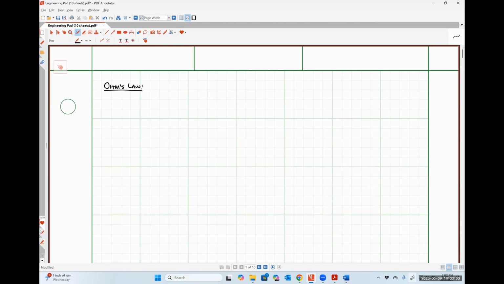So let's say that we have a network of interest, and I'm going to represent that network by a black box where we don't really know what's inside of it. So this will be our, let's call it, device under test, or DUT.